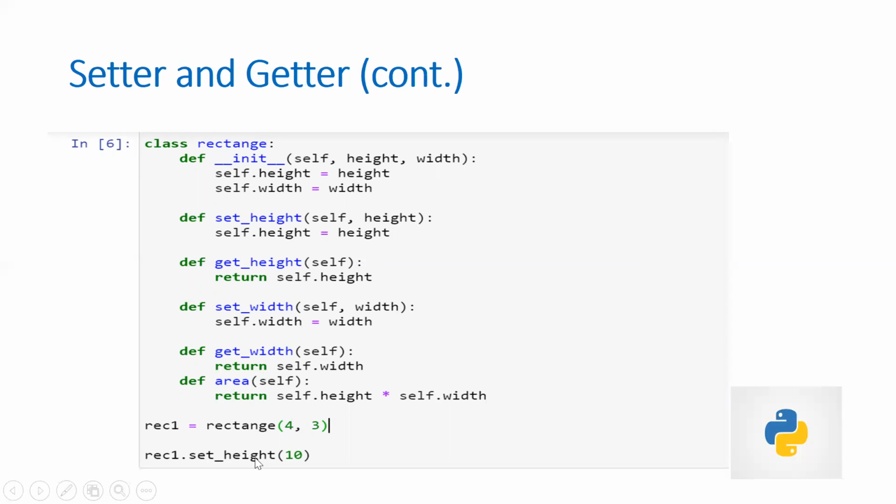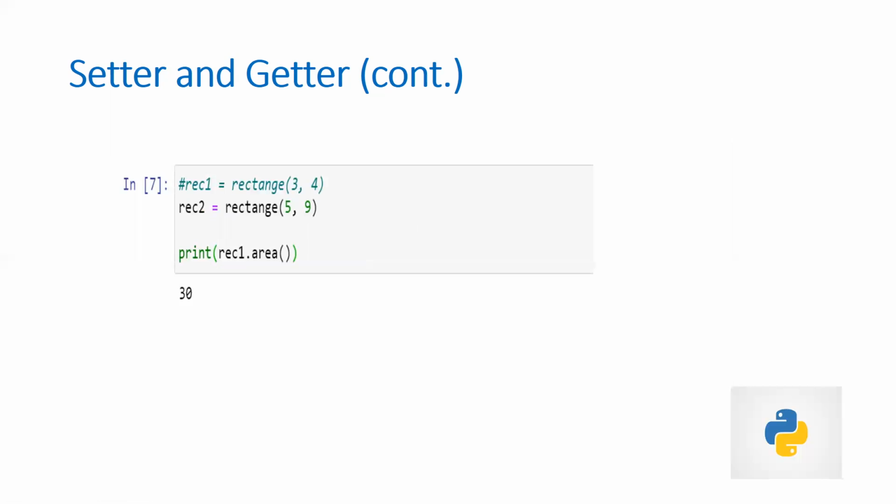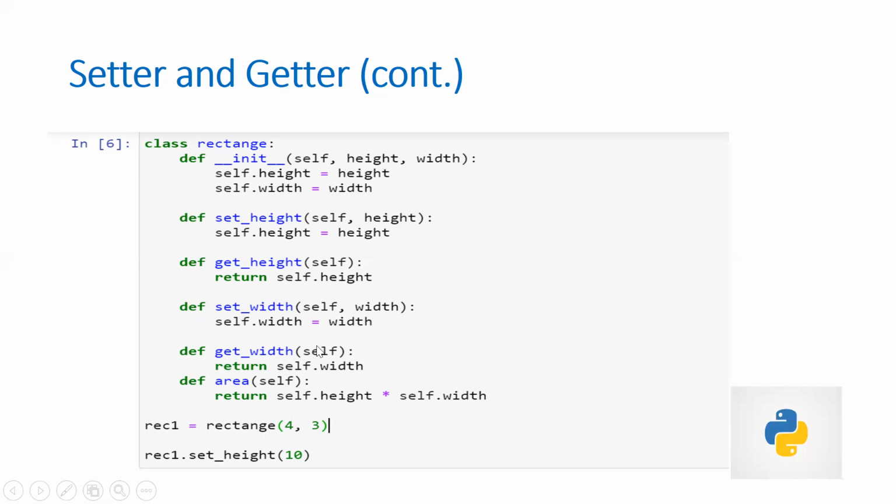We can set the height, a new height, for any rectangle by this set function, and it can also be returned. Here I showed you the area of a rectangle, but if I print the get value of this height, it will show us the value 10.